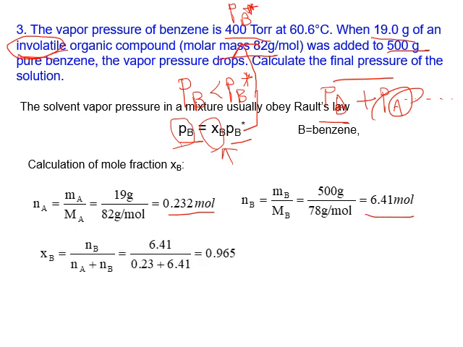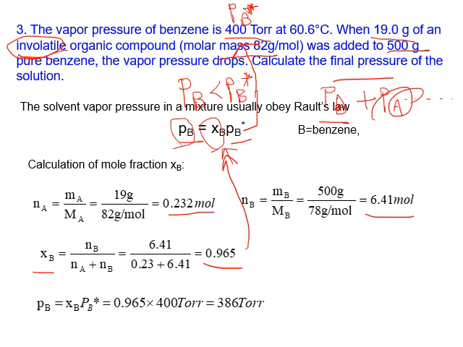Therefore the mole fraction of benzene is the number of moles of benzene divided by the total number of moles, and that gives you 0.965. Going into this equation, you can calculate the partial pressure of benzene in the gas phase equals 386 torr, and note that this is less than 400, which is the pure benzene vapor pressure.